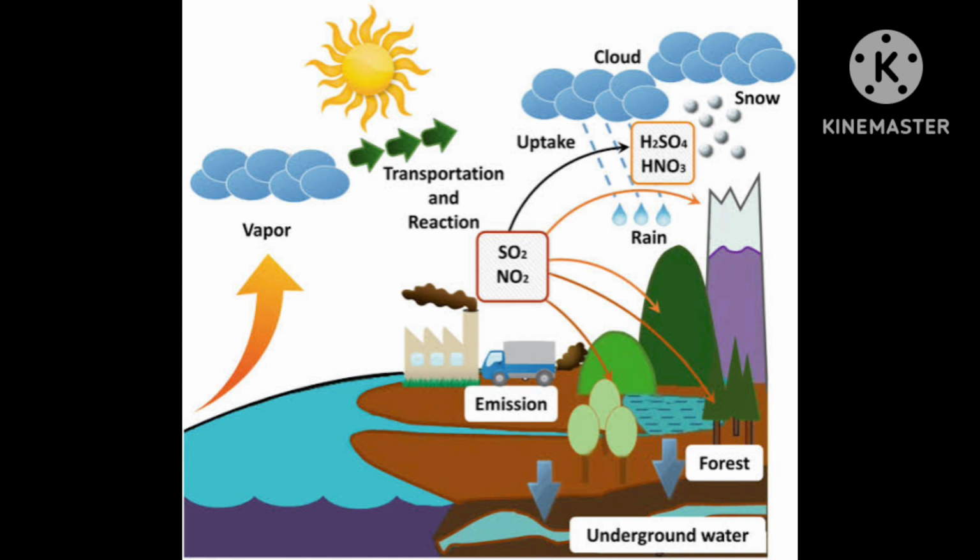When acid rain falls and flows as groundwater to reach rivers, lakes, etc., it affects plants and animals' life in the aquatic ecosystem.